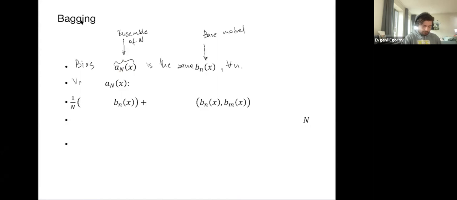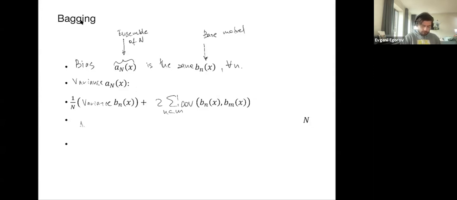However, we know that the variance of the whole ensemble can be decomposed as the average variance of each model plus the covariance between ensemble members.